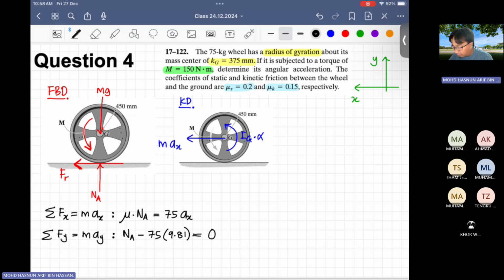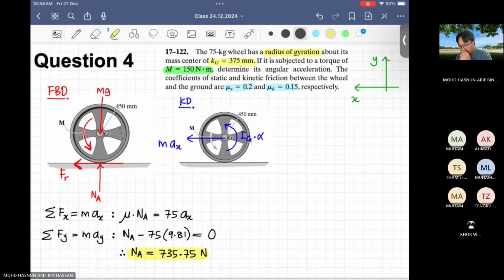So from here, we know that NA is equal to 75 times 9.81. You should get 735.75 Newton. Okay, this is your NA.